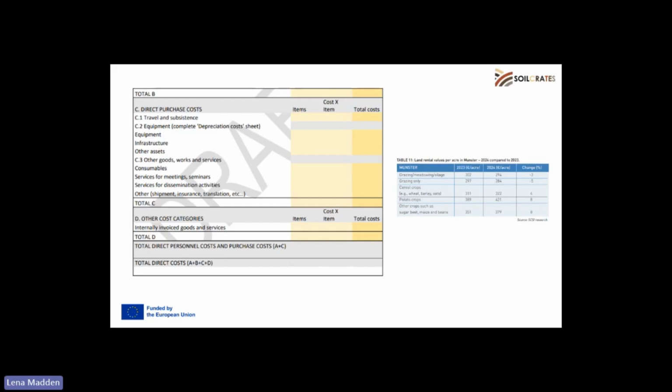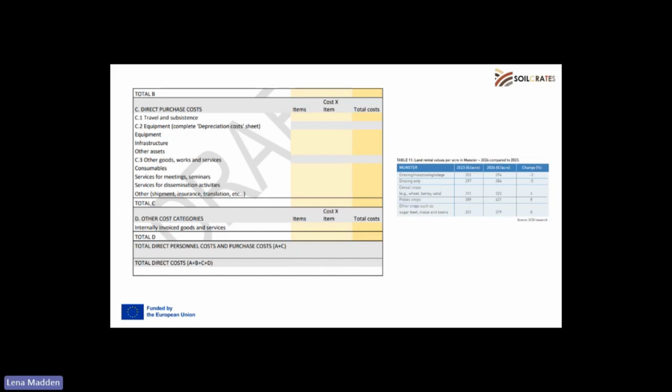But I would advise to claim only the land that you're taking out of your normal practice and you suspect that it might not perform the same as your normal practice. Because we cannot impose losses onto any farmers, so then you claim the land cost as land rental rates.